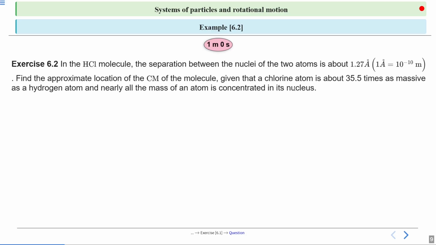So here you have to find out the center of mass of the molecule. All right, think about it.